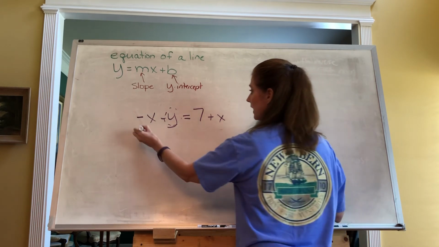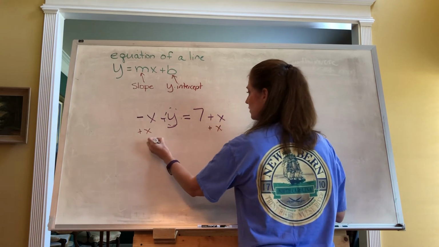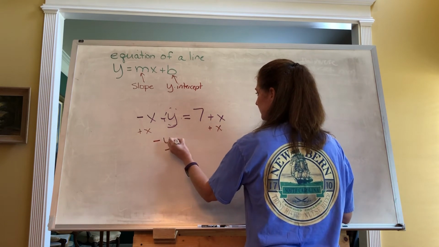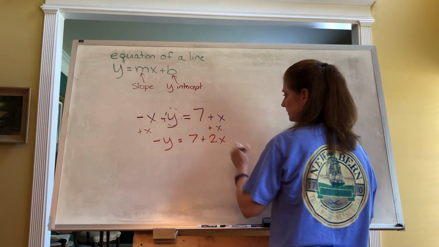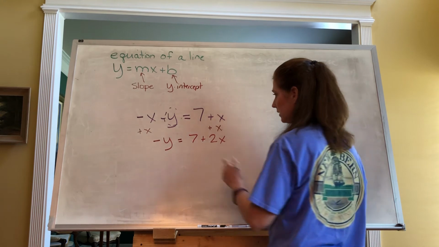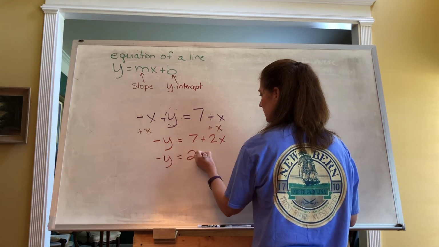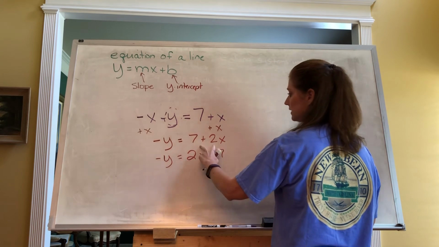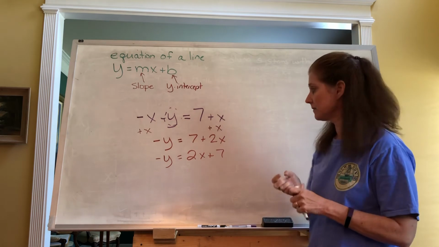So I'm going to add x, and so then I have negative y equals 7 plus 2x, okay? I'm just going to rewrite that here. So all I did was switch those two so that I have my mx plus b, okay?